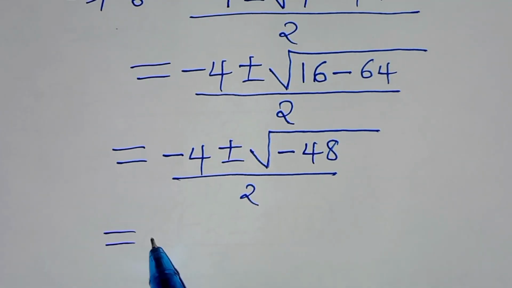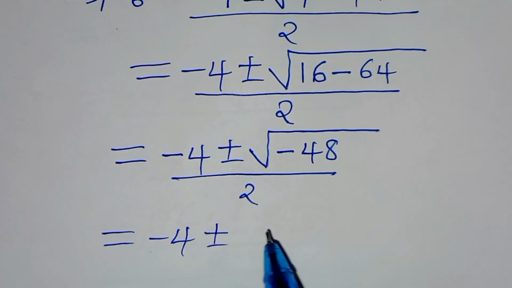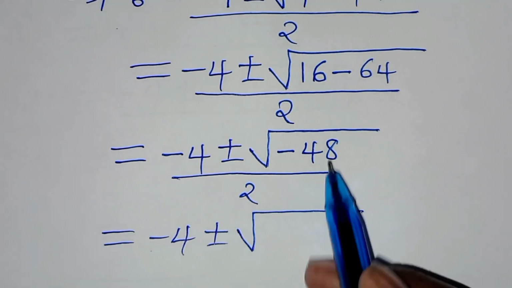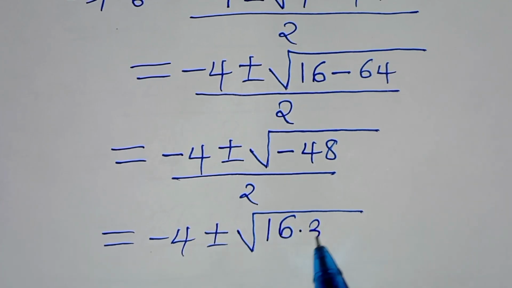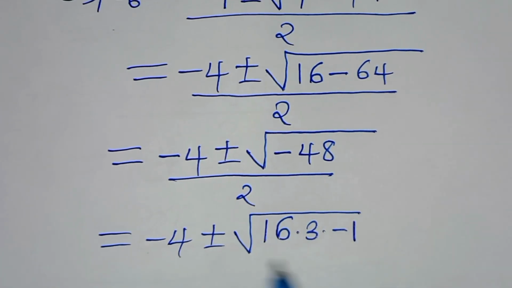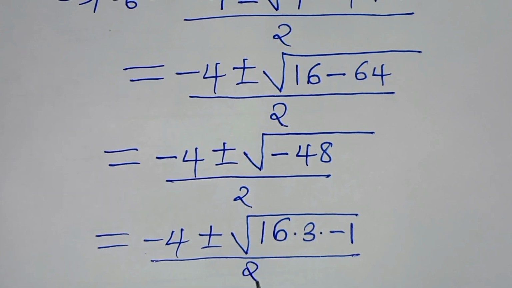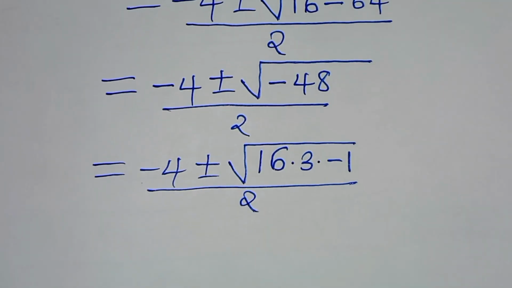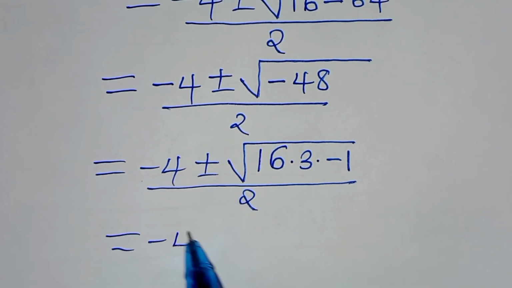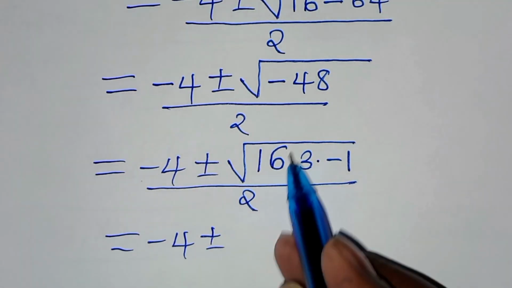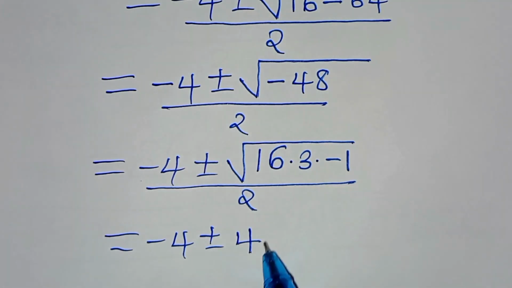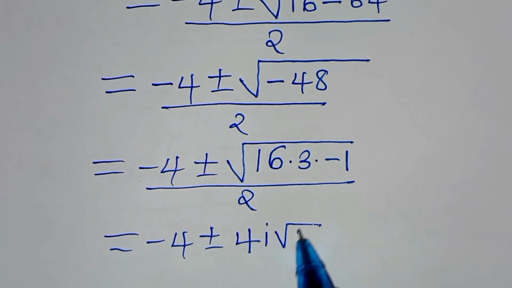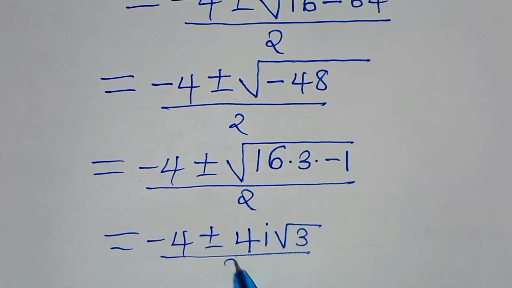So here we have minus 4 plus or minus the square root of negative 48, which you can express as 16 times 3 times minus 1, over 2. So here we have minus 4 plus or minus the square root of 16, this is 4. The square root of minus 1, this is i, then square root of 3 over 2.